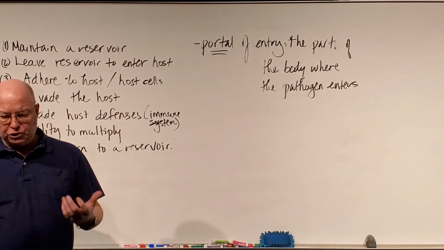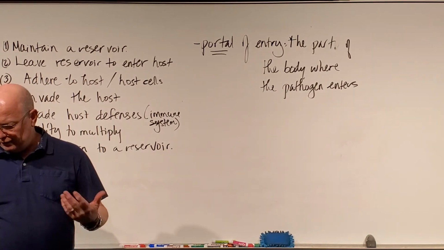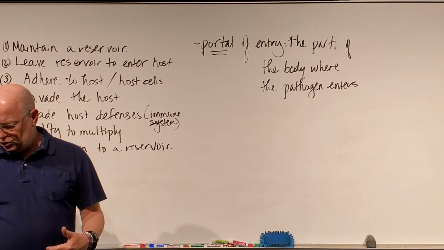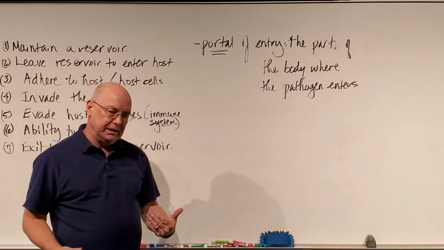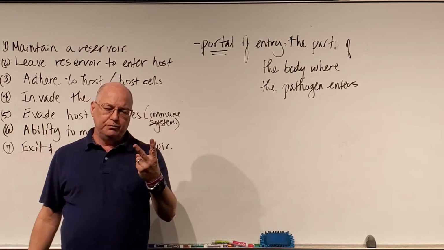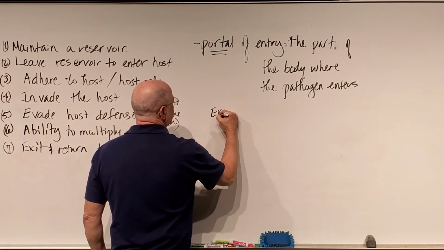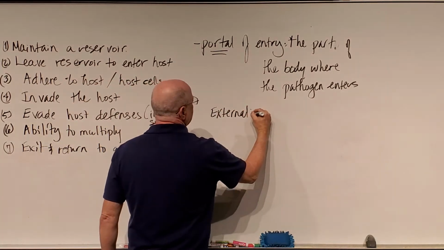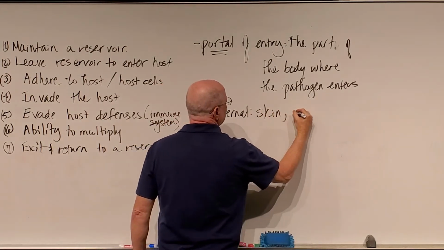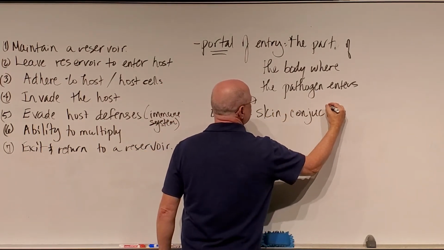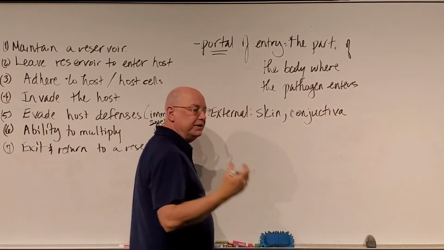We have external portals and we have internal portals. And so the external portals would be the outside of the body. The two main culprits for external portals would be the skin and the conjunctiva of the eye.